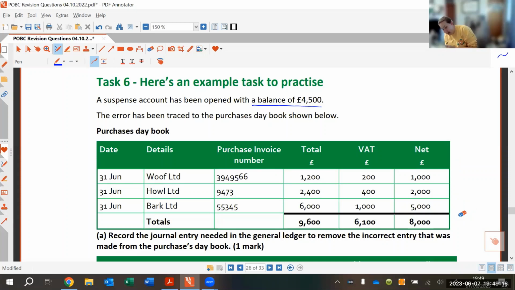Now, this one I think does stare you in the face, hopefully, if you look at those figures, because adding up those does not equal anywhere near 6,100. It looks as though they've switched their figures round, and it should be 1,600. So our VAT has been entered incorrectly as 6,100, but it needs to be 1,600 instead.